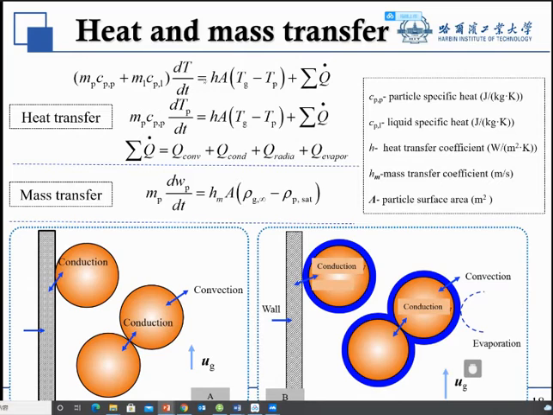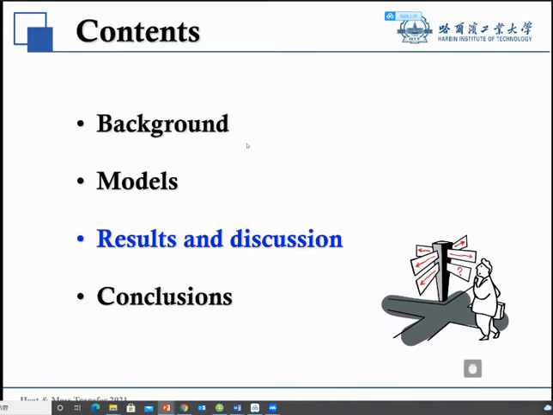Here H is the heat transfer coefficient, and HM is the mass transfer coefficient. Here the heat transfer coefficient is in the range between 2 and 10, so it is in the natural heat transfer stage. So far I have introduced the background and the models for this work.